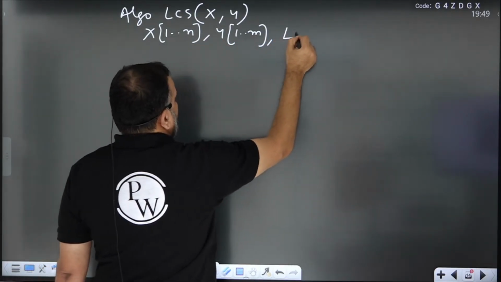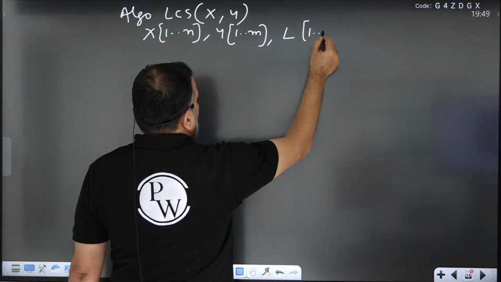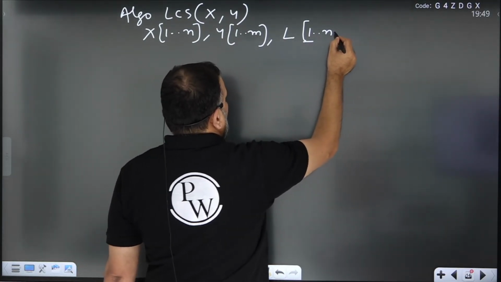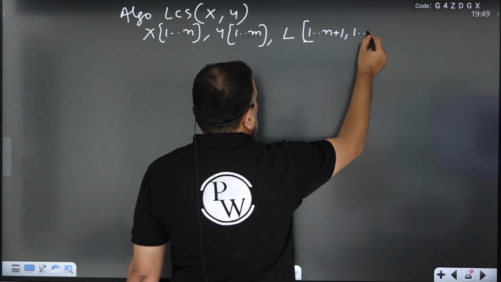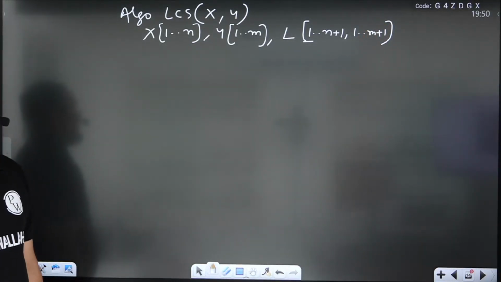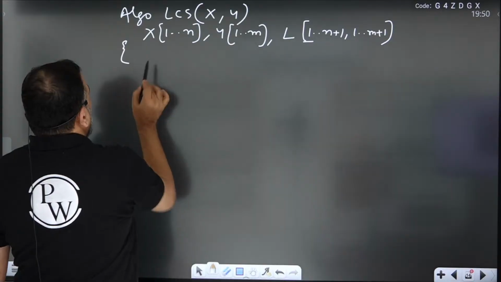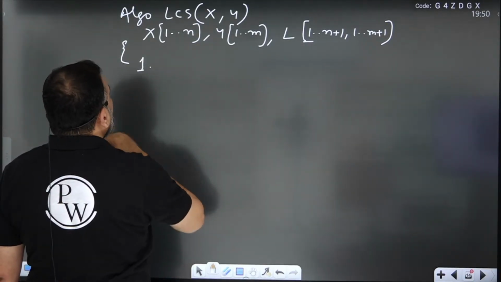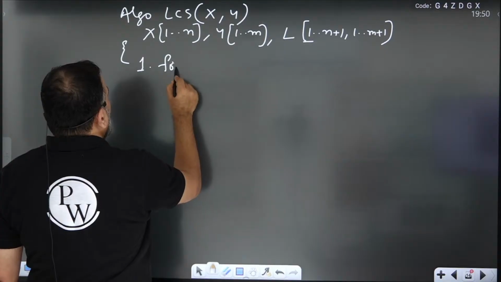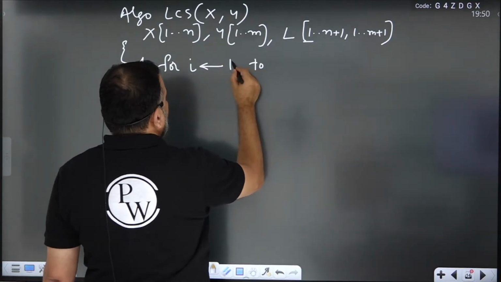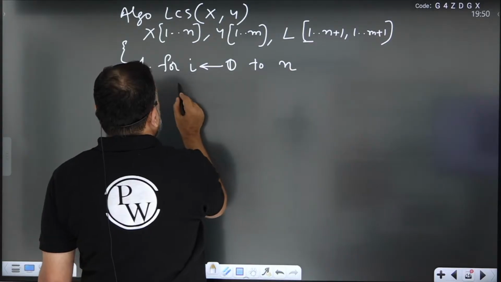I will take a table by name L having 1 to n plus 1 and 1 to m plus 1, because 0 is there for initialization. I can do it like this, right? So what will be my first step? I will write for loop for i is equal to 0 to n, 0 भी है हमारे पास condition.